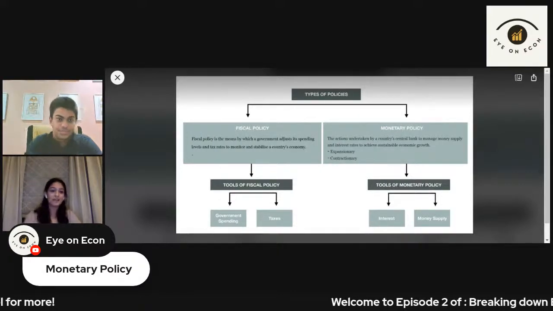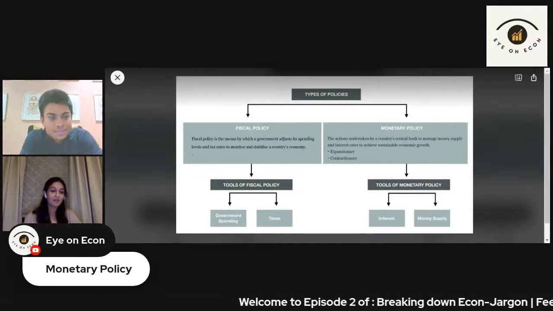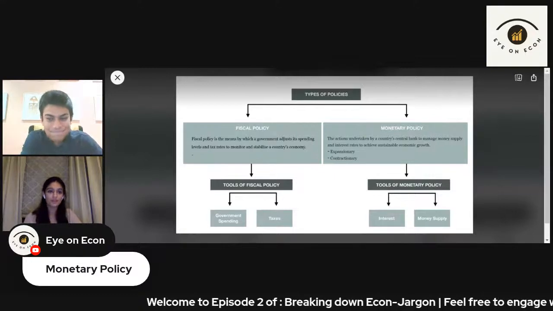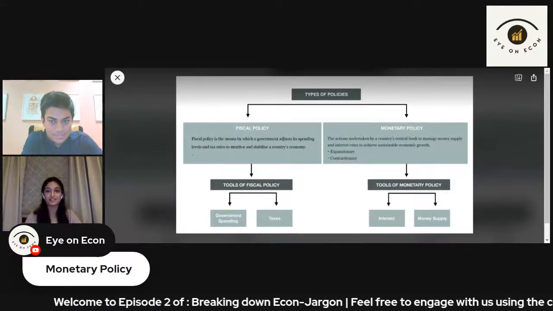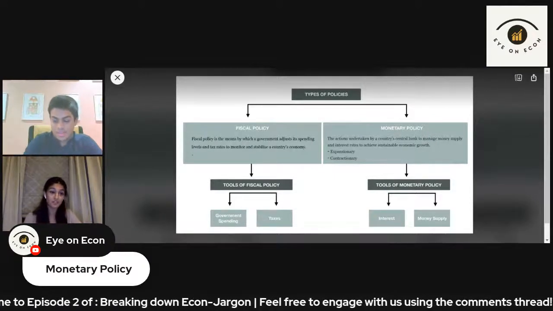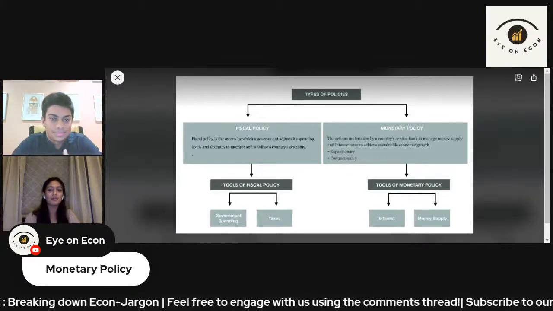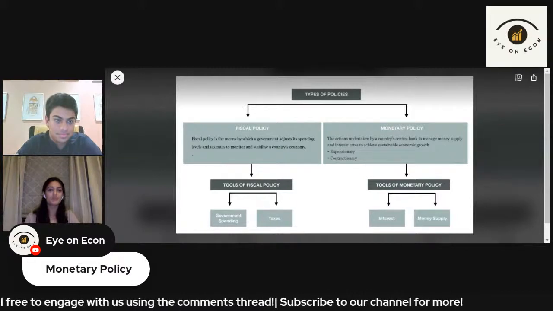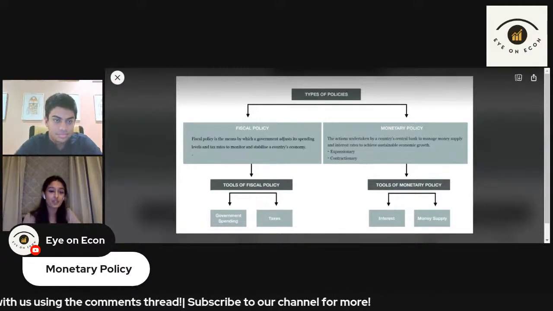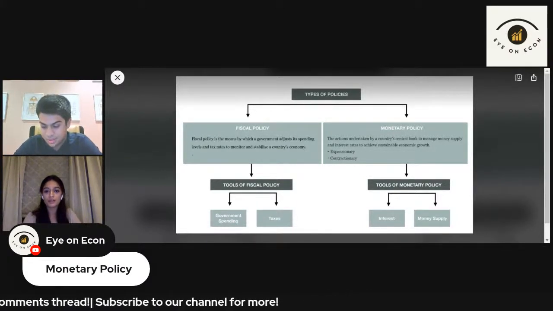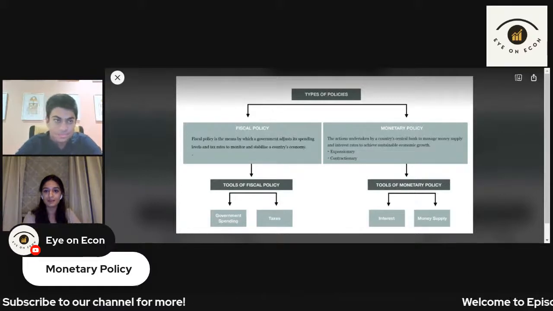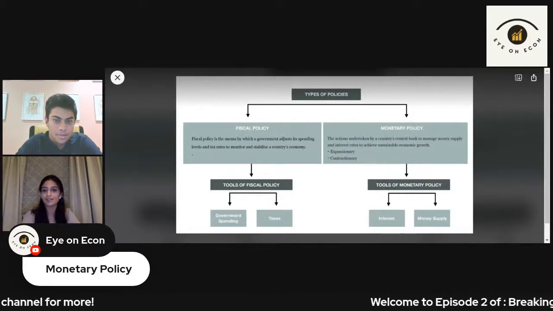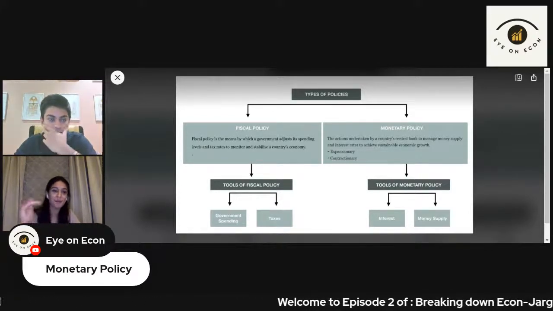I think there's a reason why the central bank and the government are two independent bodies as well, because it's very complex to function together as well as individually. While government spending is a little easier, monetary policy becomes a lot more complex because there are a lot of elements within it. What we're talking about currently is just interest rates and taxes, the upper layer of it.